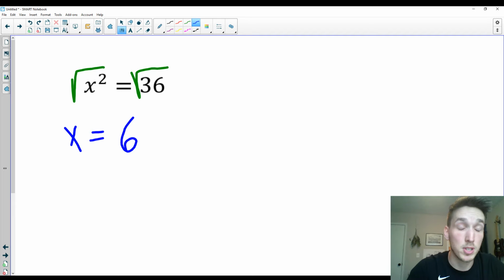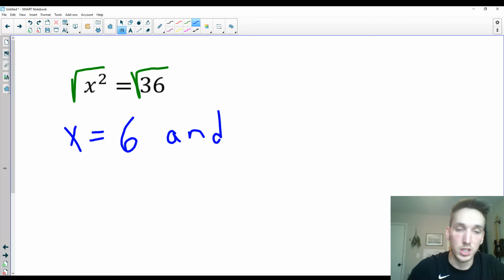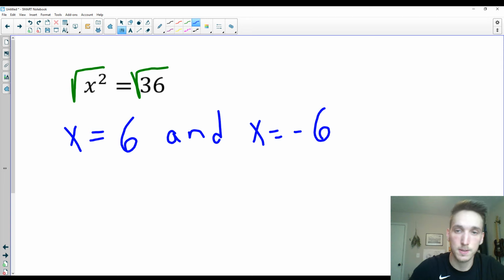But we have to keep something in mind, and this is where it's going to be a little different than what you guys have done before. This equation has two answers. Not only does x equal 6, but x also equals negative 6. And I want you to think about that. Take 6. 6 squared equals 36, but take negative 6. Negative 6 squared also equals 36.